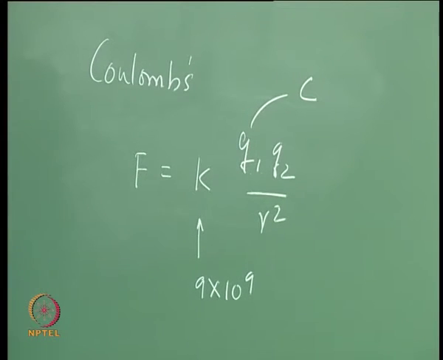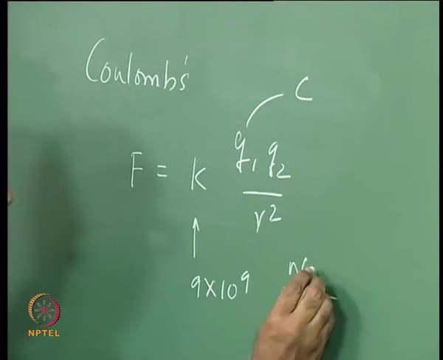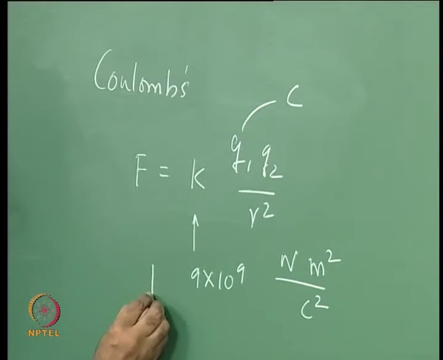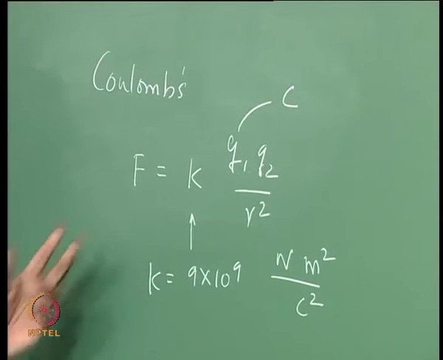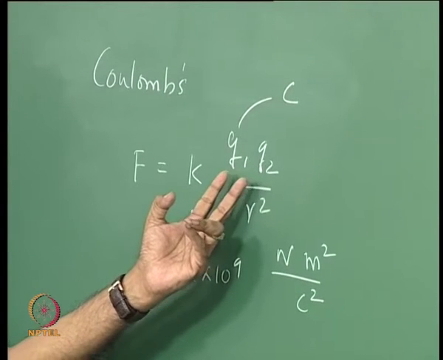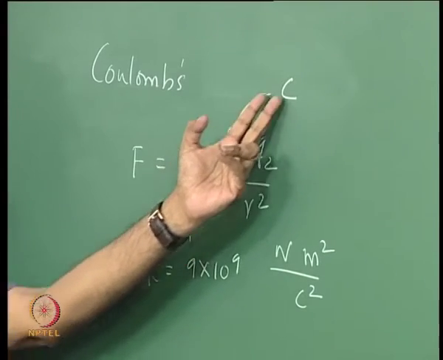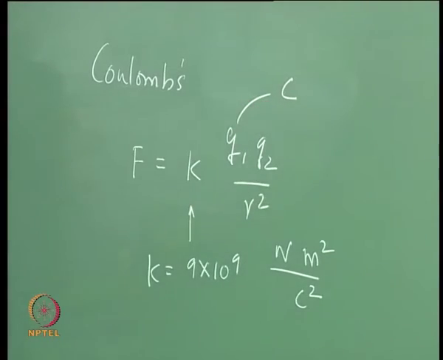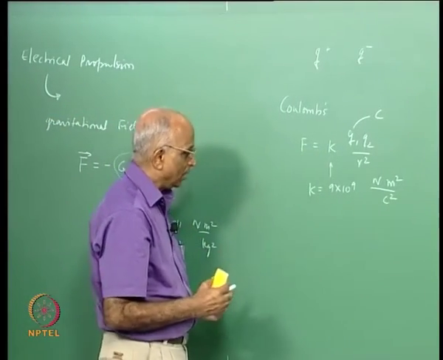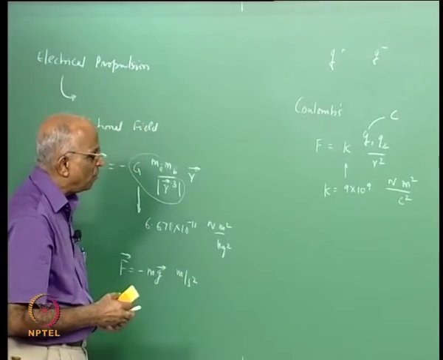Force is in Newton, R is in meter, k is in Newton meter square divided by Coulomb square, and this tells us the attraction or repulsion between two charges q1 Coulomb and q2 Coulomb. This is what we studied as Coulomb's law earlier, but I am more interested in a field, I am more interested in a force.